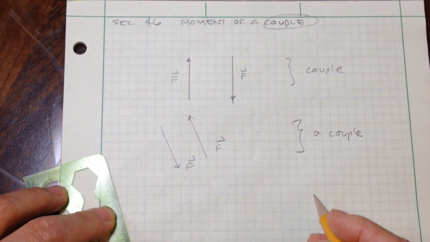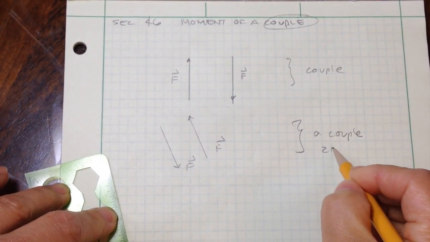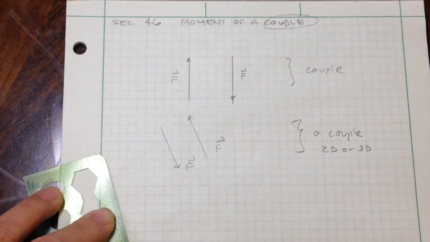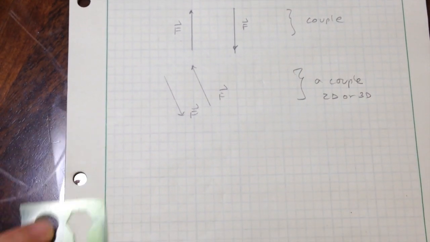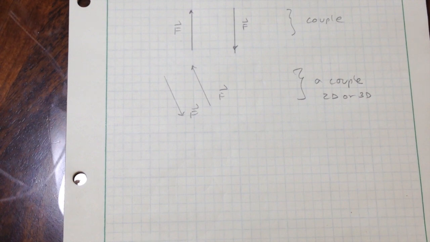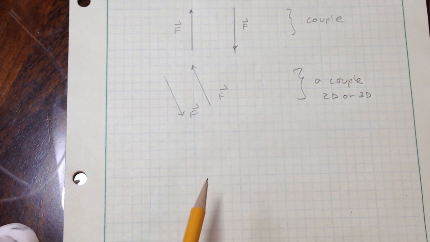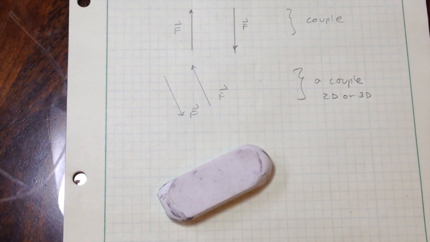And it can also be 3D. So it can be 2D or 3D. So now, let's take a look at the effects of a couple. So suppose I have my eraser here.